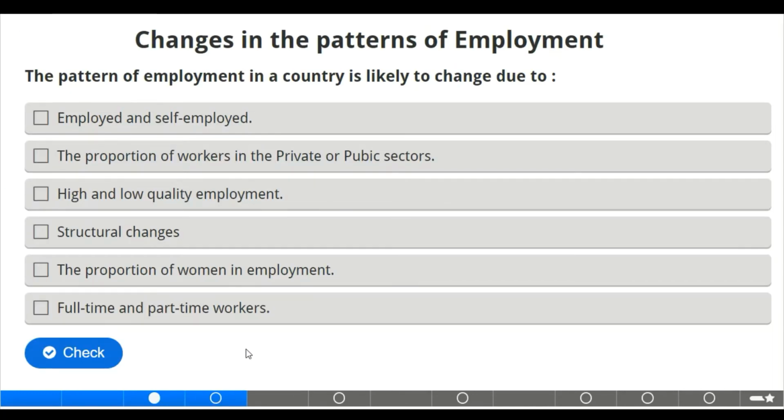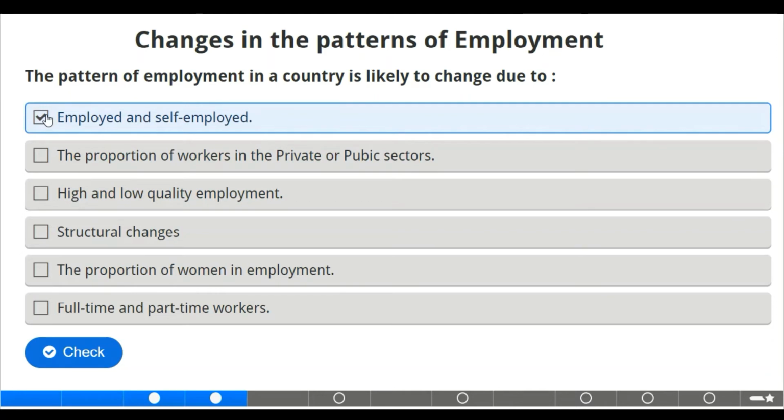Moving to the next slide, we now have the changes in the pattern of employment. What can be the changes in the pattern of employment in a particular country? Here we have to choose the multiple choice to know the changes in the pattern of employment. Of course, we have employed and self-employed. In economic development, employed and self-employed should be one of the changes in the pattern of employment.